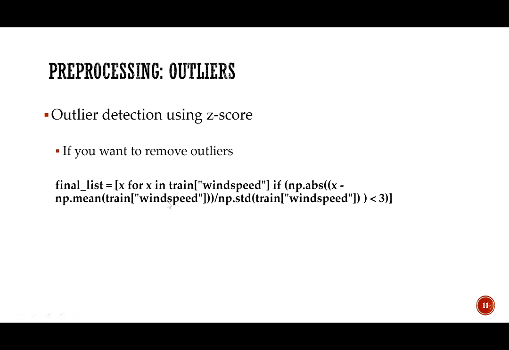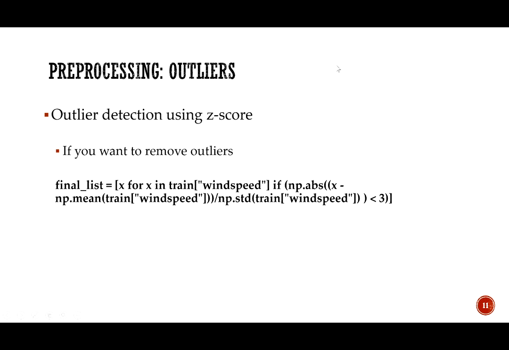So here we define a list and some variables and a selection statement. Now we want to keep all x values which are less than the threshold, so less than 3. Then that becomes our final list, and if they don't meet this condition, then we treat them as the outliers.